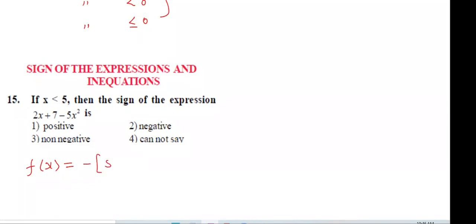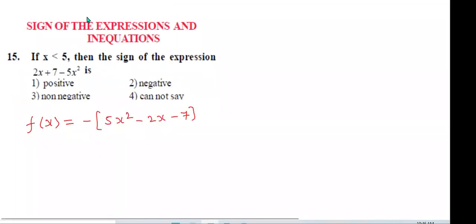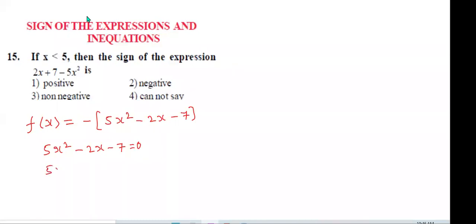Take negative common. We get 5x square minus 2x minus 7. Now take 5x square minus 2x minus 7 equal to 0. Split into factors. What are the factors? Minus 7x plus 5x minus 7 is equal to 0.